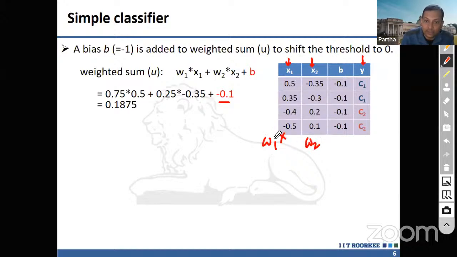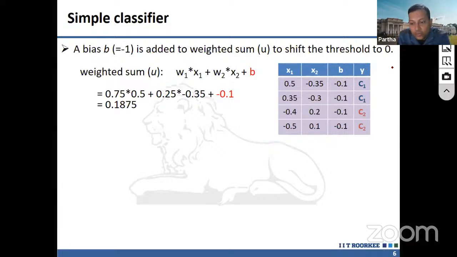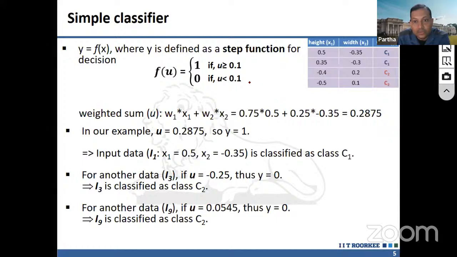This is the weightage of the x1 feature and the weightage of the x2 feature. And then we had a threshold, which we used for the predictions.